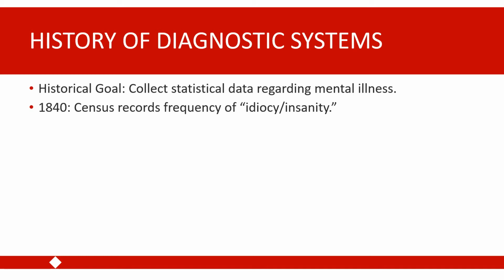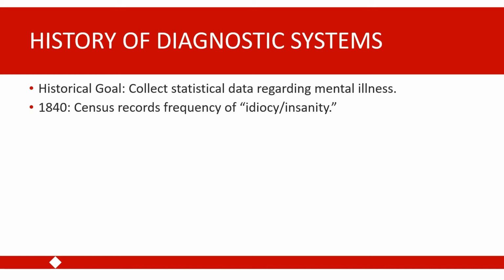And these categories of idiocy and insanity were also used in the eugenics movement to identify individuals who were considered to be less valuable to society, and there were laws and policies and practices designed to discourage or prevent reproduction by these individuals with the goal of improving the genetics of the whole population.